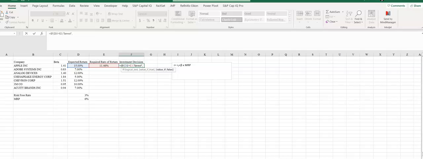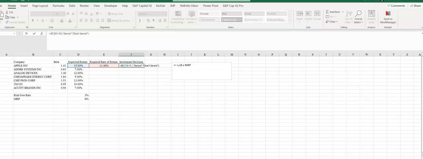And if this statement is wrong, then again, quote, we will say don't invest, close quote, close parenthesis. And Excel is going to run this logical test. It is going to look at the expected return, which is in cell D3. And if it sees that D3 is larger than the required rate of return, which is in cell E3, it is going to put invest into that cell. If it is otherwise, it is going to put don't invest.